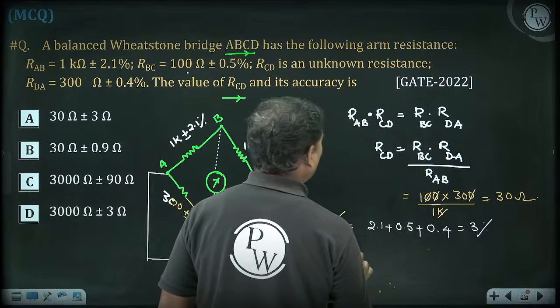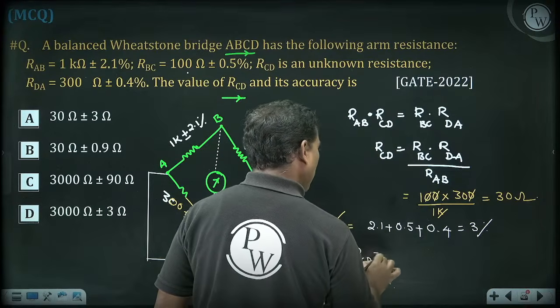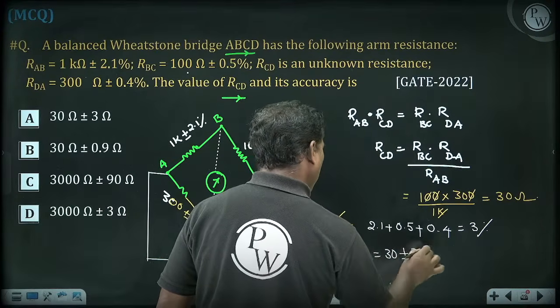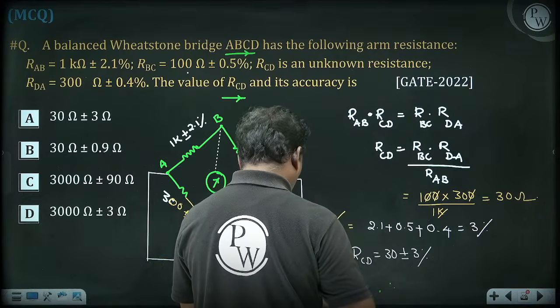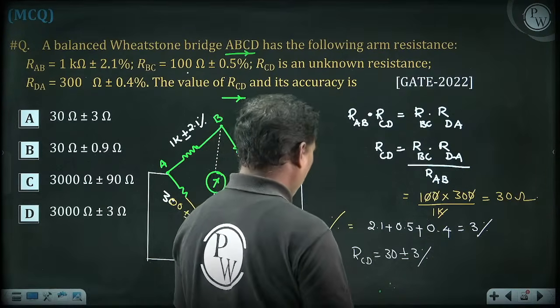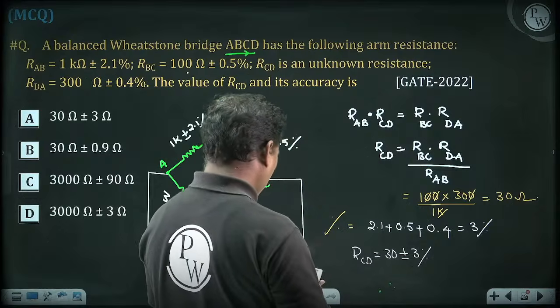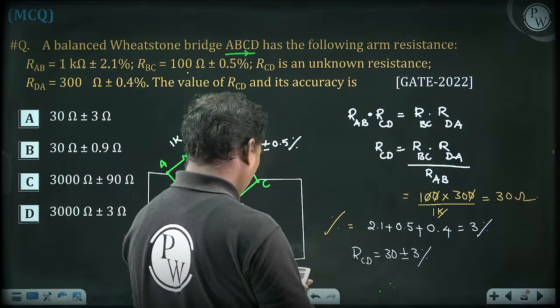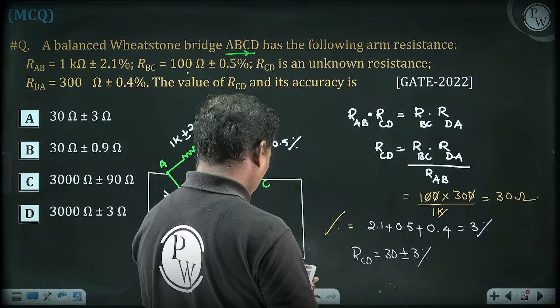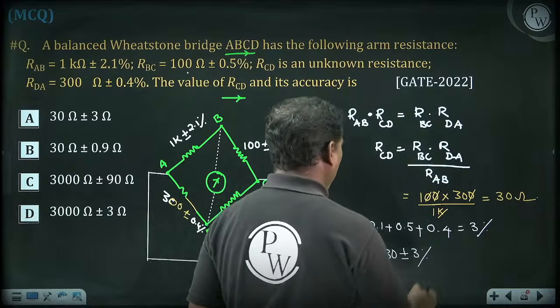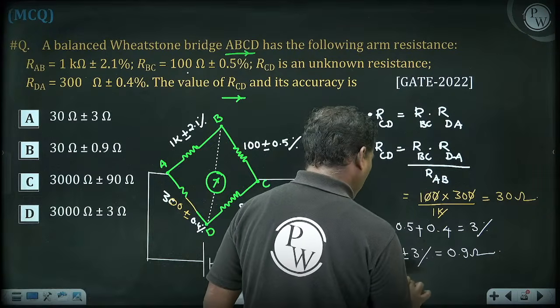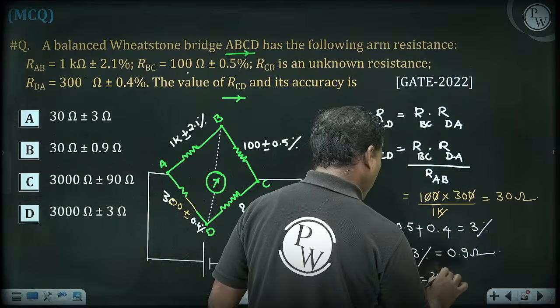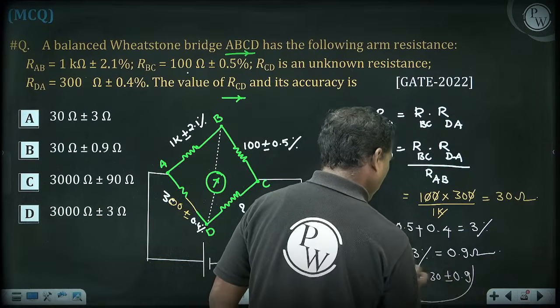So RCD is equal to 30 plus or minus 3%. So 3% of that: 3 divided by 100 into 30 is 0.9 ohms. So RCD is equal to 30 plus or minus 0.9. So that is the right answer.